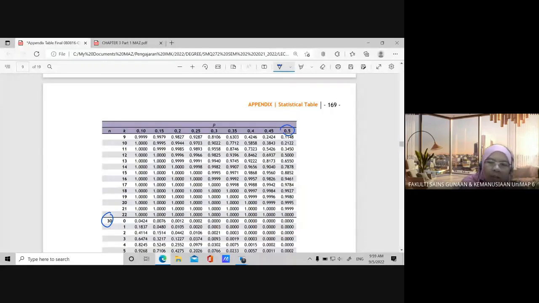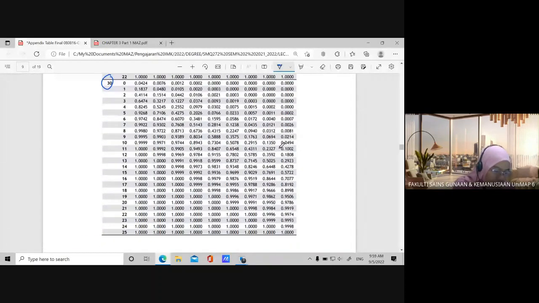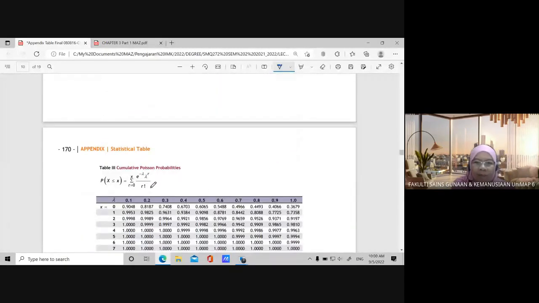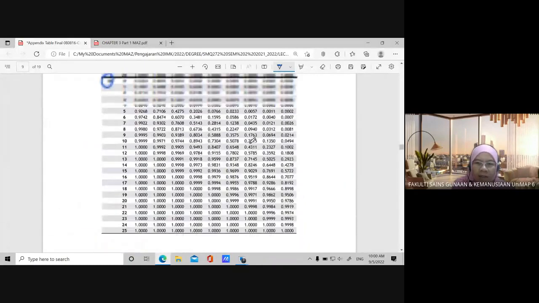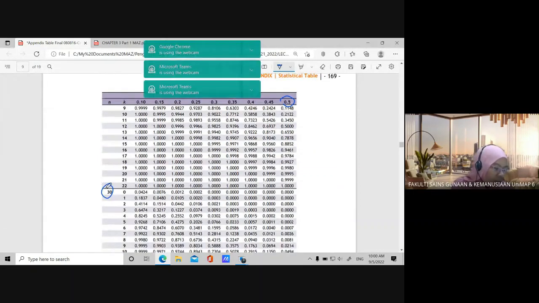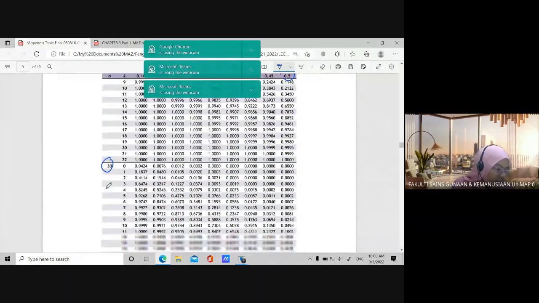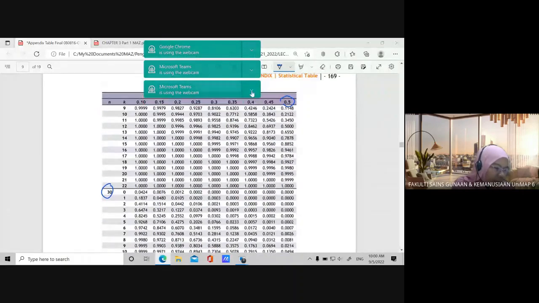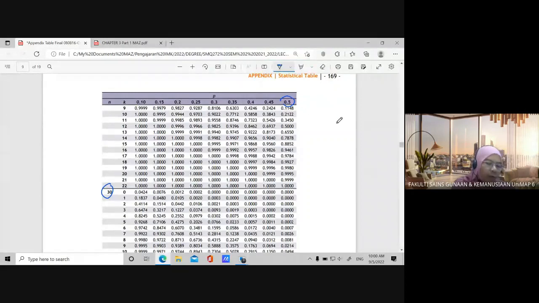There will be no more than 0.5 probability of success. Afterwards you will get the Poisson probabilities, meaning you stop at 0.5 for probability of success for binomial, and the number of trials will be up to 30 only. So that is some of the variation in the binomial table.